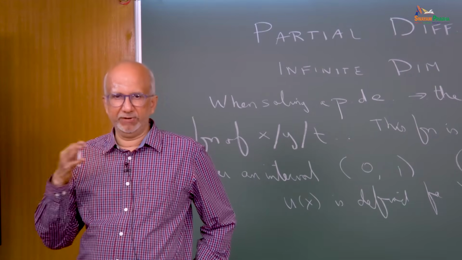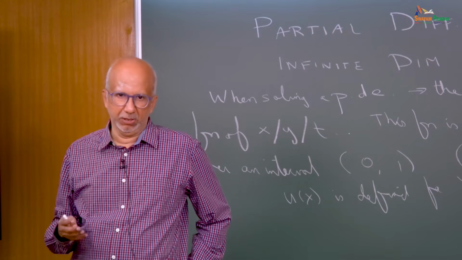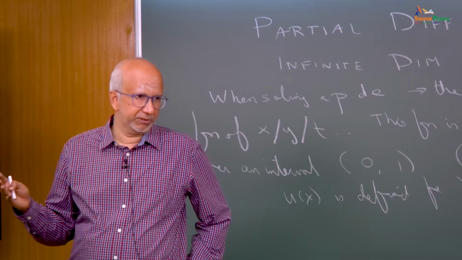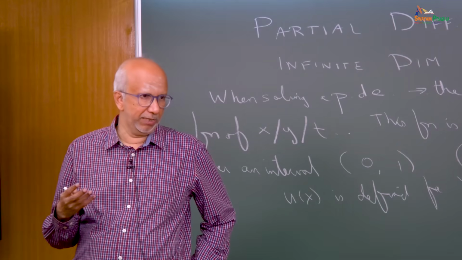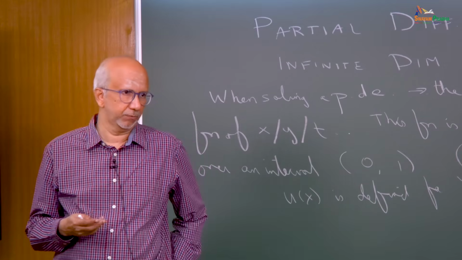That is a very simple way for you to think of this as belonging to an infinite dimensional system. The function u of x is defined over an infinity of points, and therefore one likes to think of this as being in an infinite dimensional space.